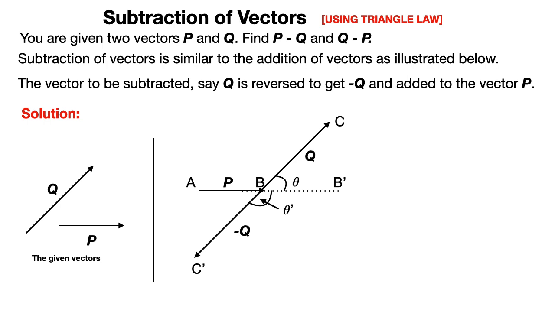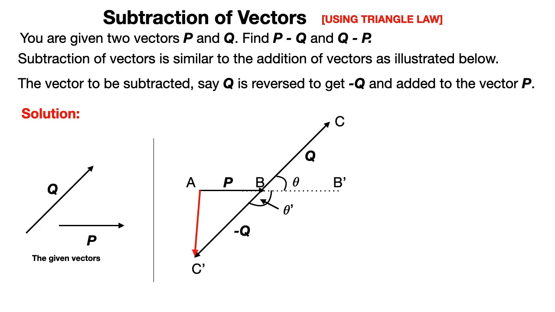Now P and minus Q are represented by two sides of the parallelogram, AB and BC dash, in order.